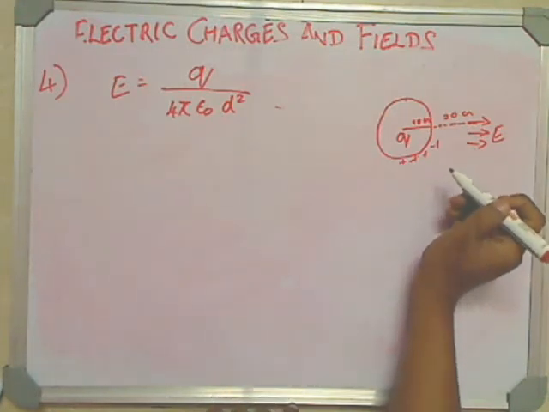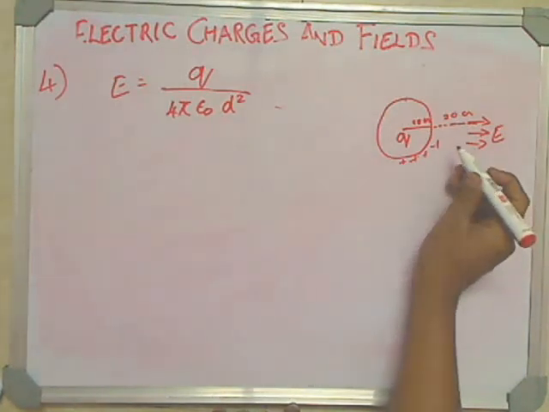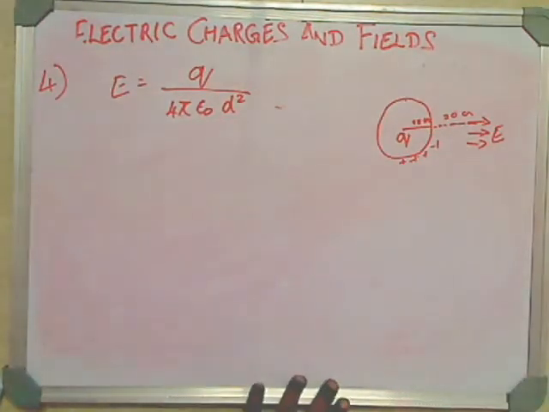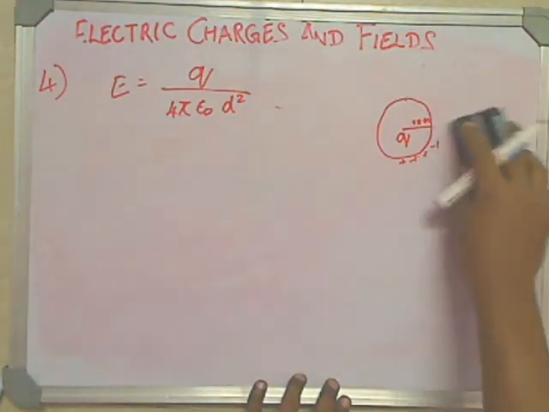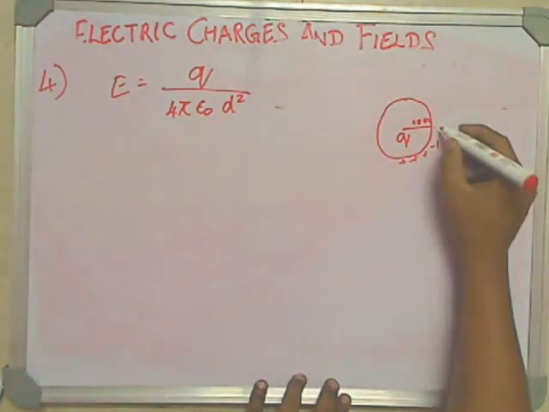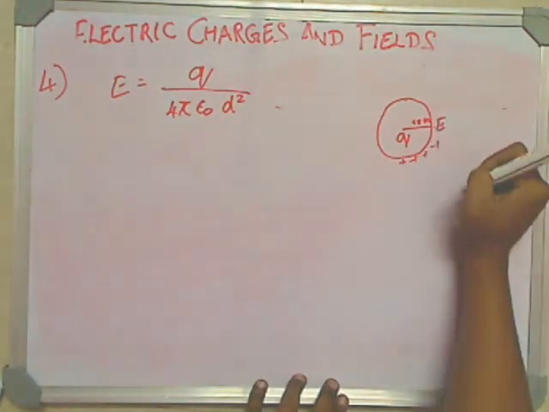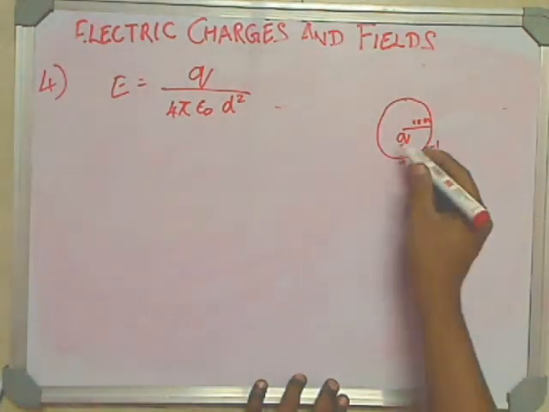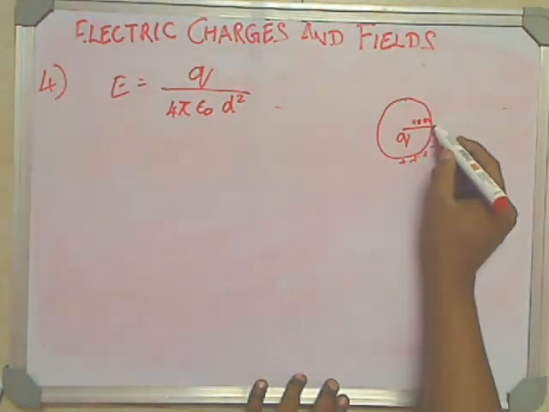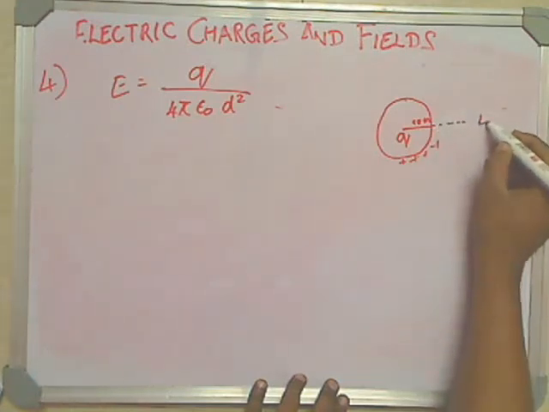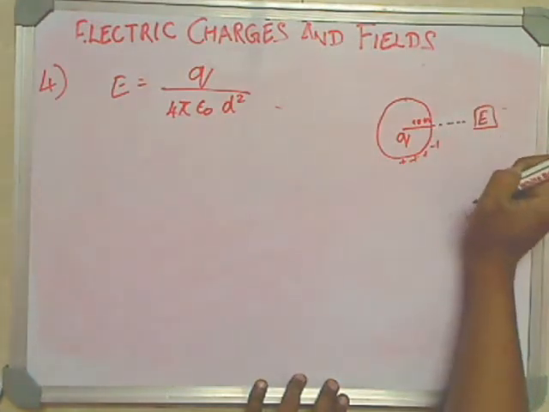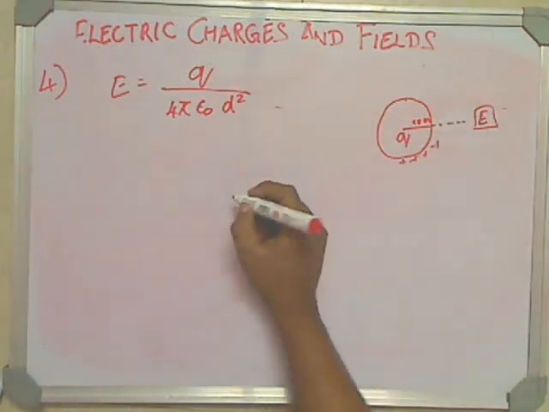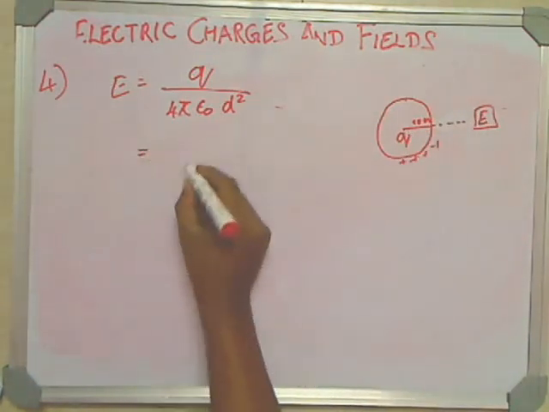If the question said the electric field is on the surface of the sphere, my calculations would actually start from here. But it actually says the electric field is 20 centimeters away from the center. So 10 centimeters from here, another 10 centimeters here, this is where the electric field actually is. So I need to consider the distance from the center to the electric field. And so this is what I would be doing.